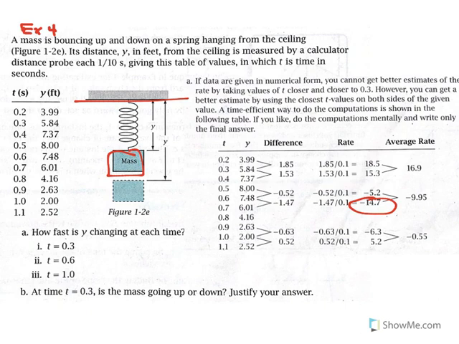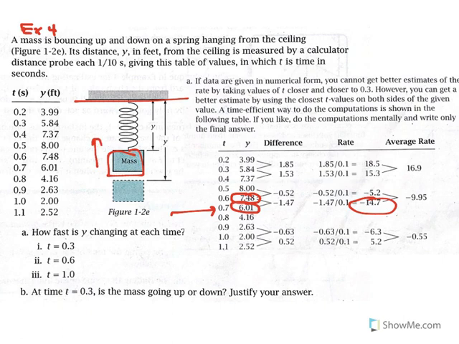And you can see that just by looking at these two values. At 0.6 seconds, the distance from the ceiling is 7.48 feet. At 0.7 seconds, the distance from the ceiling is 6.01 feet, which means the mass got closer to the ceiling, which means the mass is going up.